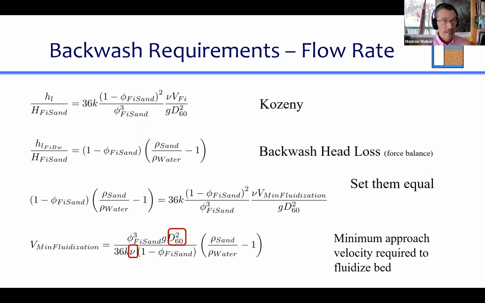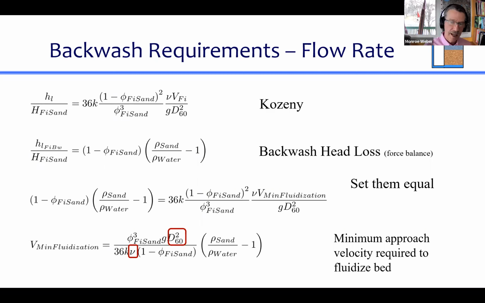Then the viscosity is smaller, and that means the fluidization velocity increases. So in order to fluidize it, I have to push more water through that filter. That means if you're designing a filter, you better design it so that it fluidizes really well, even when the water is warm.